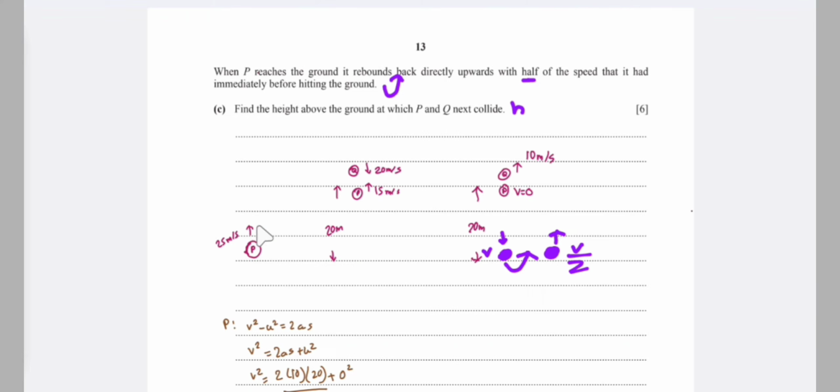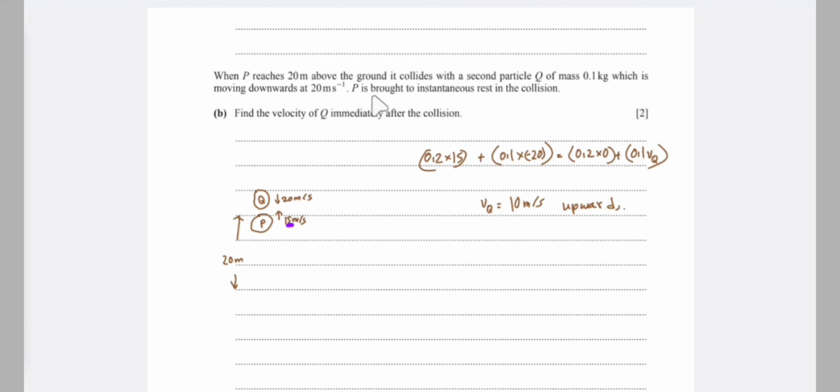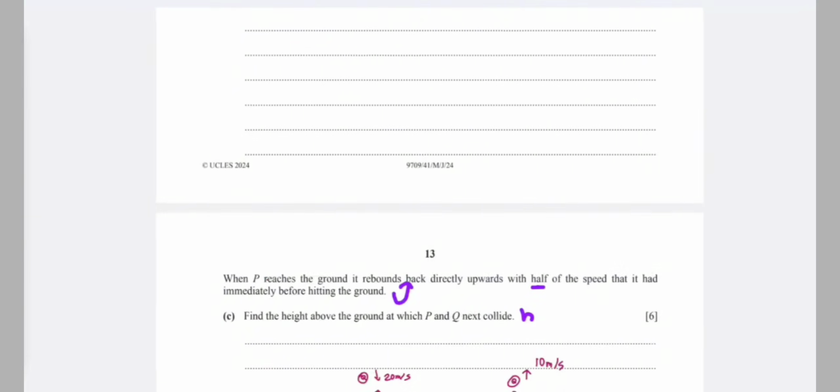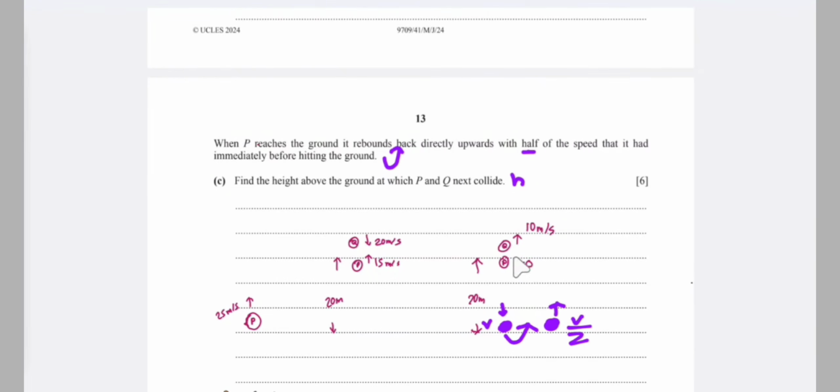P initially has a speed of 25 meter per second. At 20-meter height, it collides with Q, with P at a speed of 15 meter per second, and Q moving downward with 20 meter per second. After the collision, we saw that P is brought to instantaneous rest, and Q is moving upward with 10 meter per second.